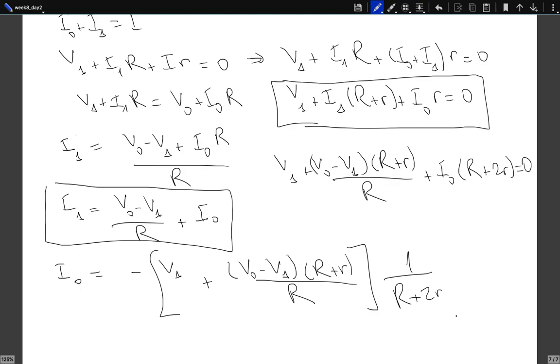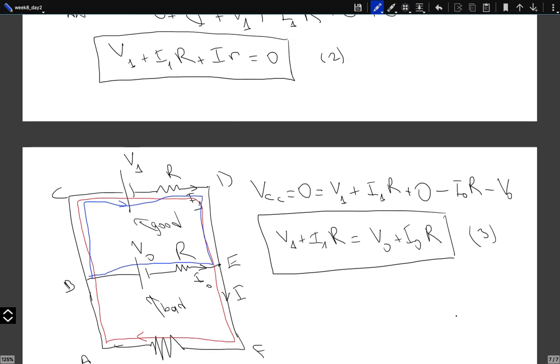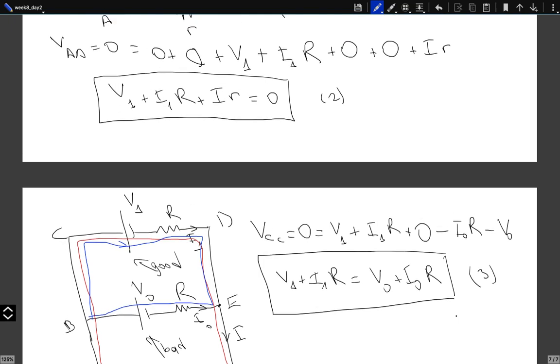Did we make some mistake somewhere? No. You see, I1 is running in this direction, I2 is running in this direction.